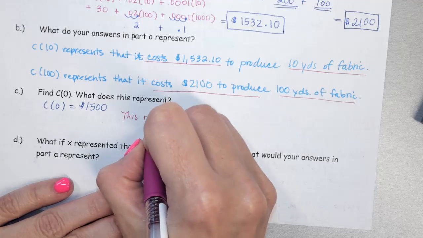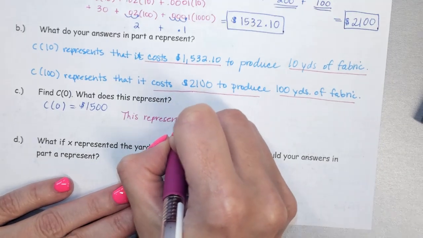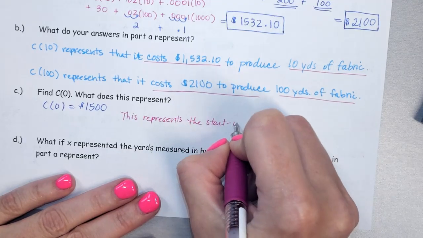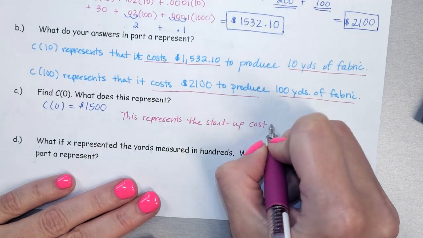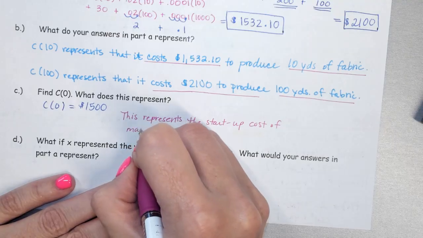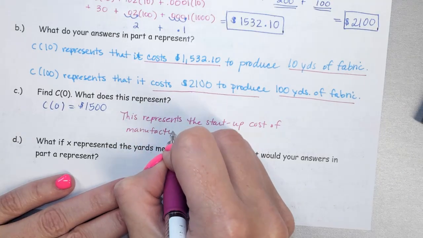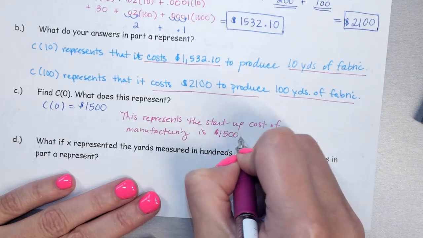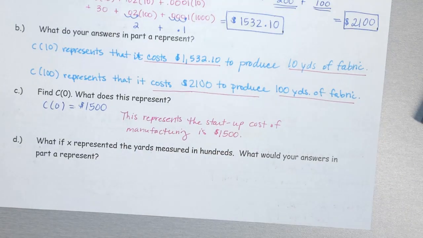Okay, so this represents the startup cost of manufacturing is 1,500. Okay, and that could be any number of things. Maybe you have machinery to buy to make the fabric, or a warehouse to rent to where you're going to produce it. Okay, for this particular situation, the startup cost is 1,500.